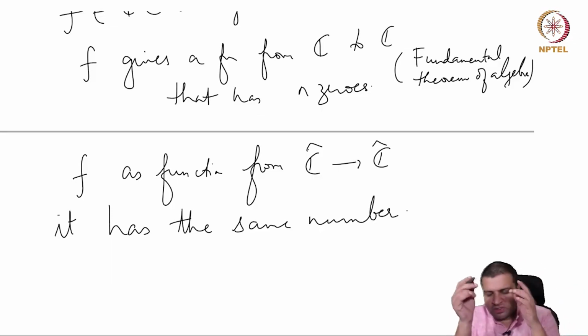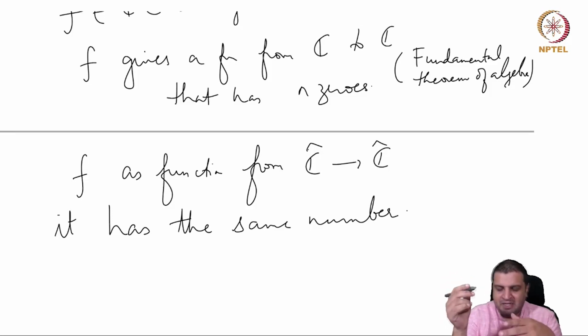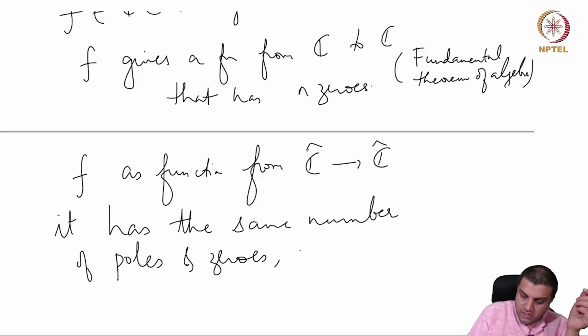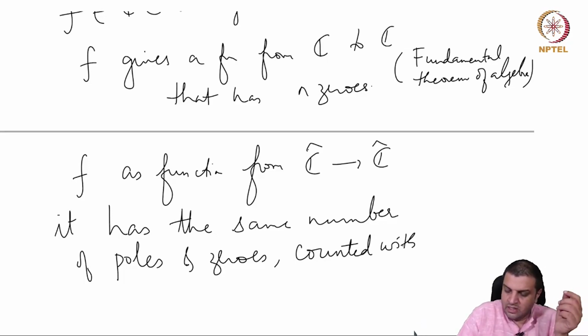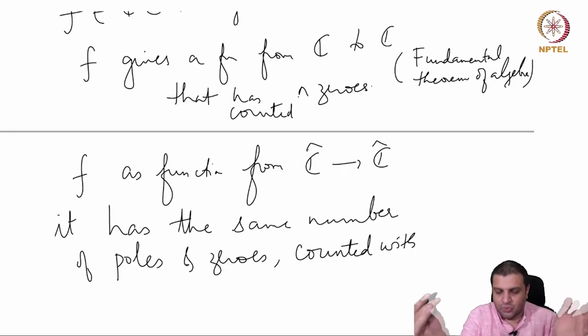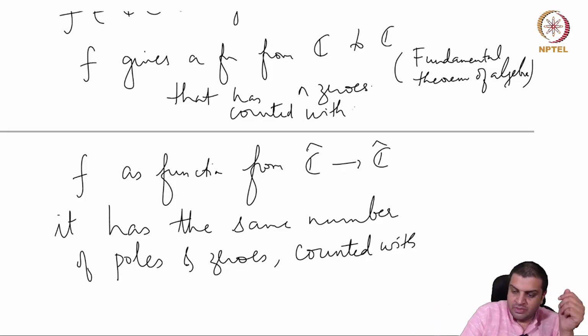Because infinity is a pole of order n, the degree of f. So it's the same number of poles and zeros, counted with multiplicity. Again, when we say it has n zeros, this is counted with multiplicity. It is possible that f is just some (x minus 1) squared.